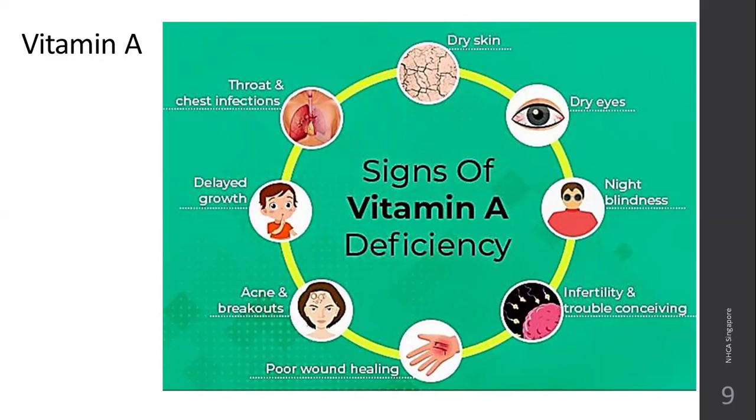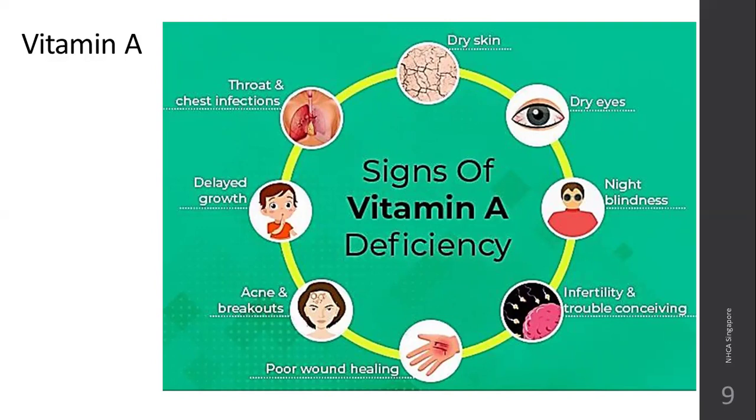The vitamin A prophylaxis program was started in 1977, and now they have combined it with the universal immunization program. As a part of immunization, children up to the age of 5 and pregnant women should get vitamin A prophylaxis twice a year.